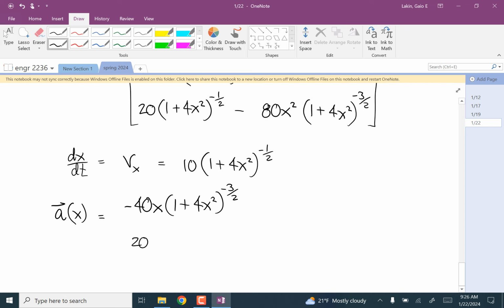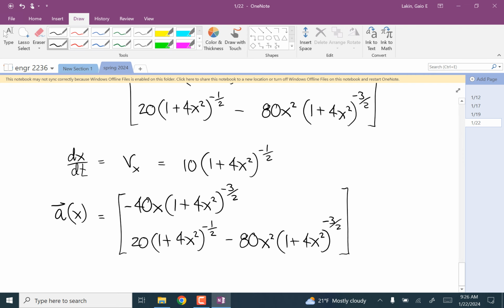The y component is 20 times 1 plus 4x squared to the negative 1/2 minus 80x squared times 1 plus 4x squared to the negative 3/2. All this times 10 times 1 plus 4x squared to the negative 1/2.